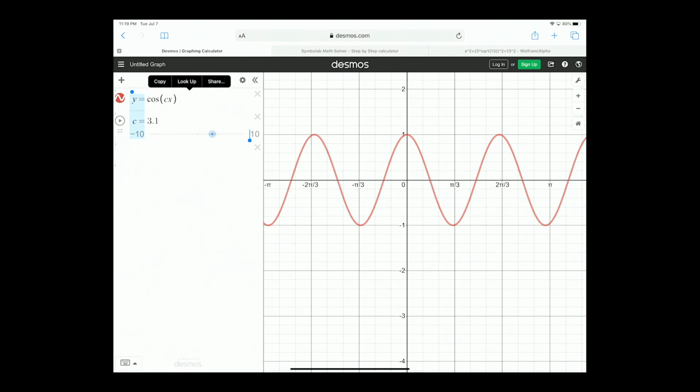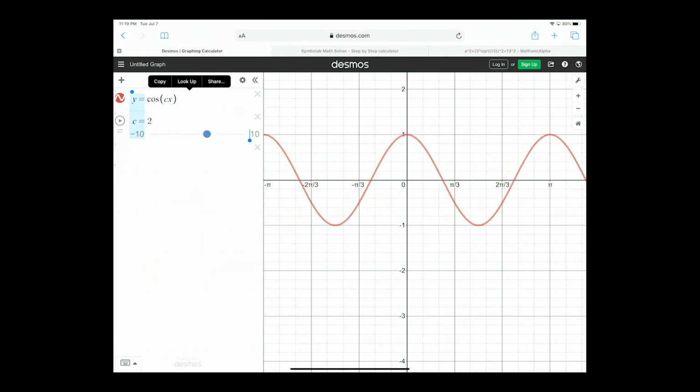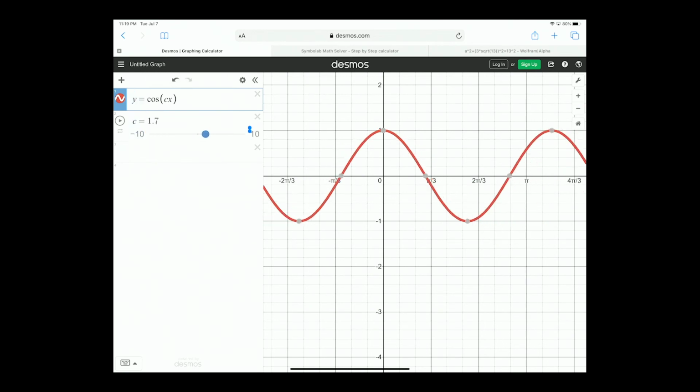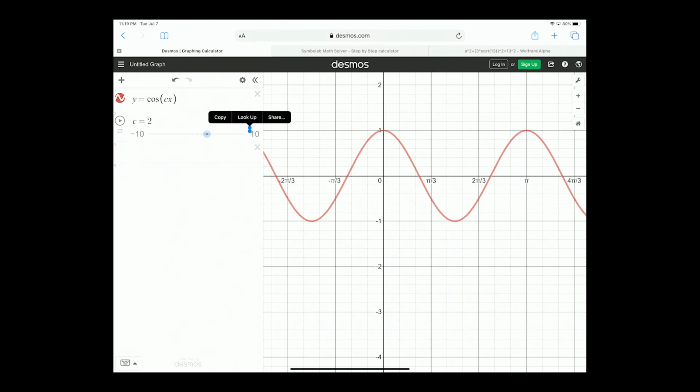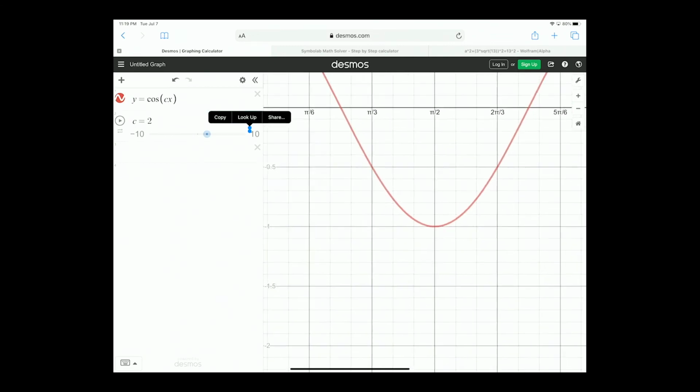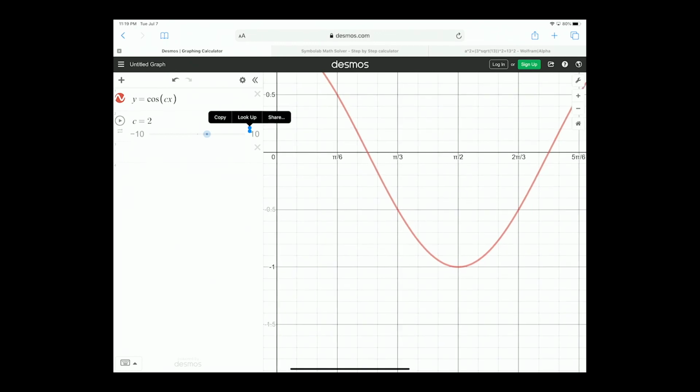If I have a 1, that's the original graph. And so look at where this value is right here. That's at pi, right? So if I change this c to a 2, where does that happen now? Now it's at pi over 2 because we squeezed it in by a factor of 2. It's twice as skinny now.